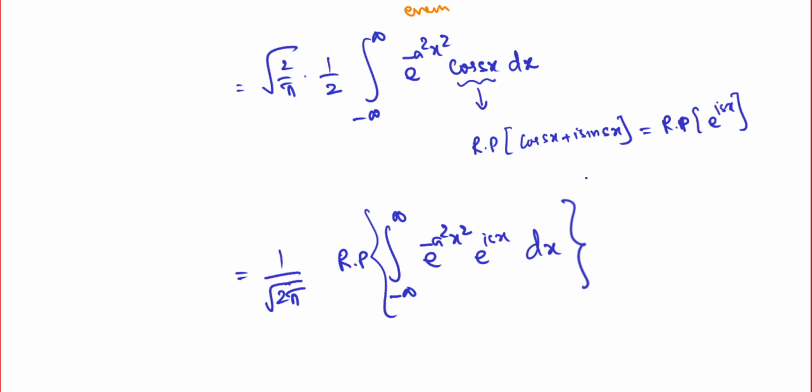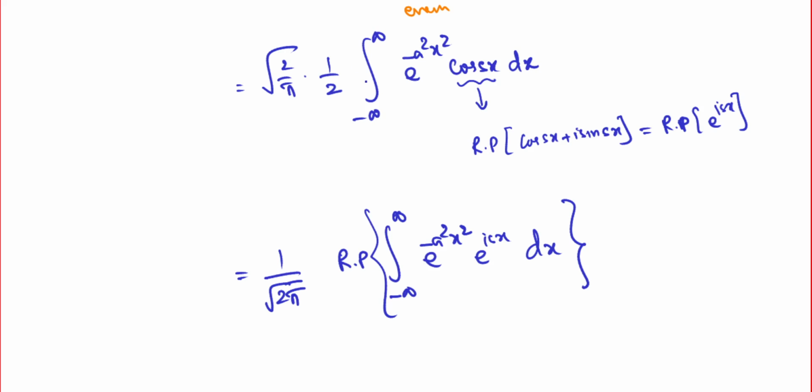Note that whatever I have done here is valid because e to the power minus a square x square is a real number. A real number times a complex number gives the real number times the real part plus the real number times the imaginary part, and hence taking the real part of a complex number and then multiplying by a real number is the same as taking the real part of the complex number which has already been multiplied by a real number.